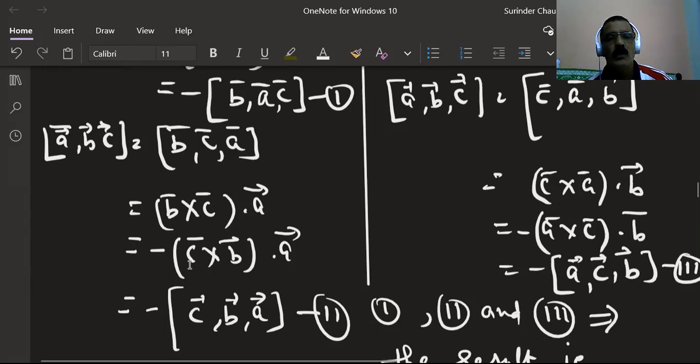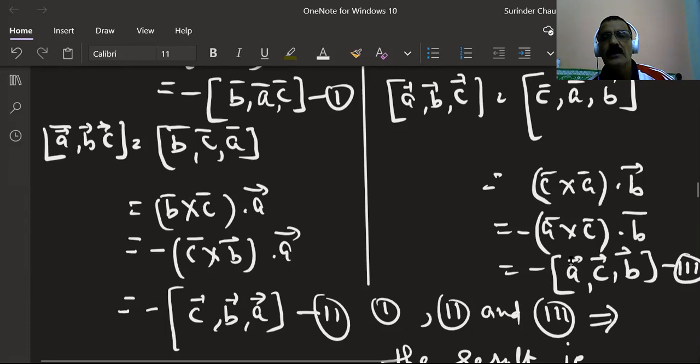Minus of B cross C is equal to minus of C cross B. We have proved this in the earlier class. So again, minus 1 is outside. By the definition of scalar product, we can write this as minus [C B A].